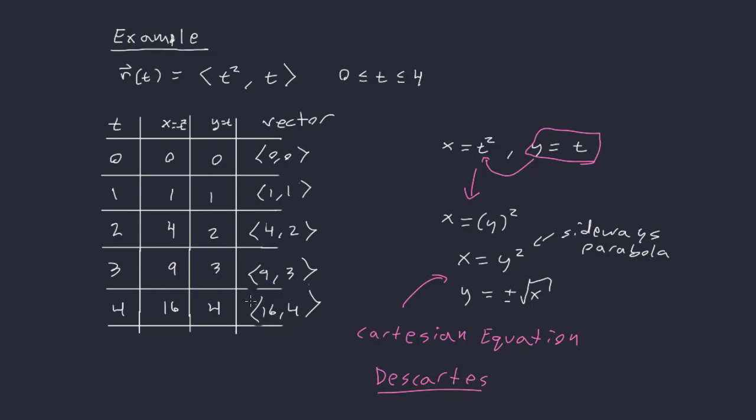Very interesting fellow, but he was also a mathematician, and he was influential in the idea that we can represent algebraic concepts on a grid, x by y. That's why it's called the Cartesian coordinate system. So what we've done here is turn this into a Cartesian equation, whereas this is considered either a parametric equation or a vector-valued function, right?